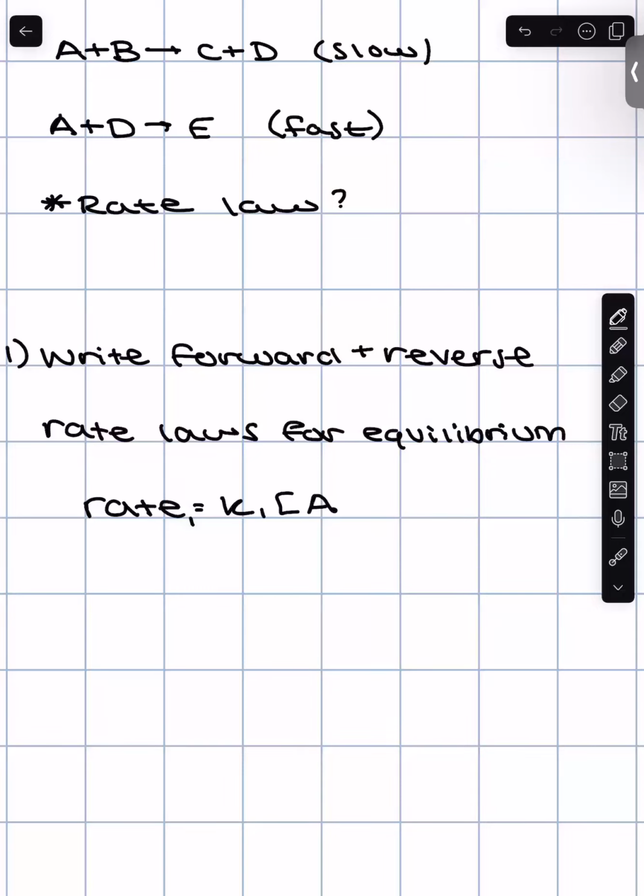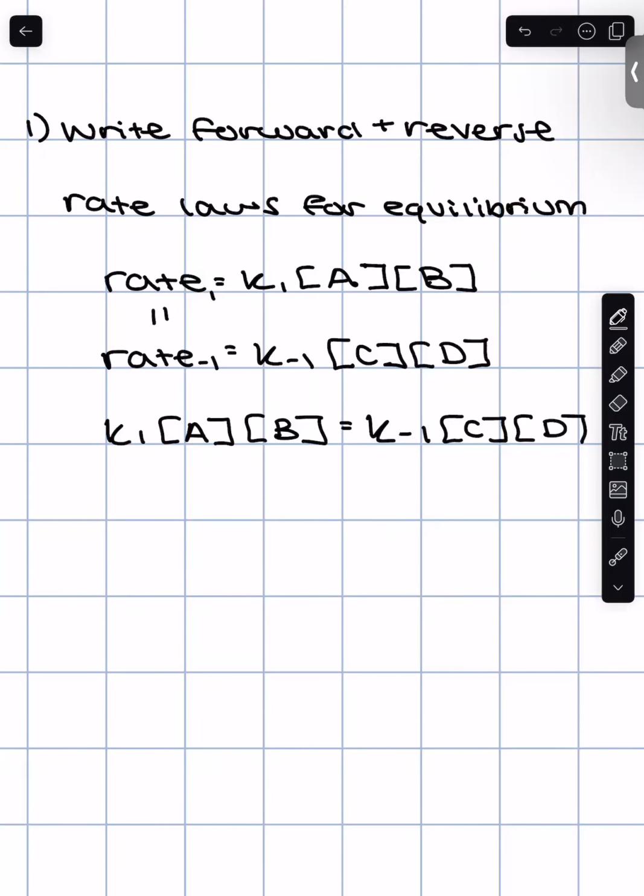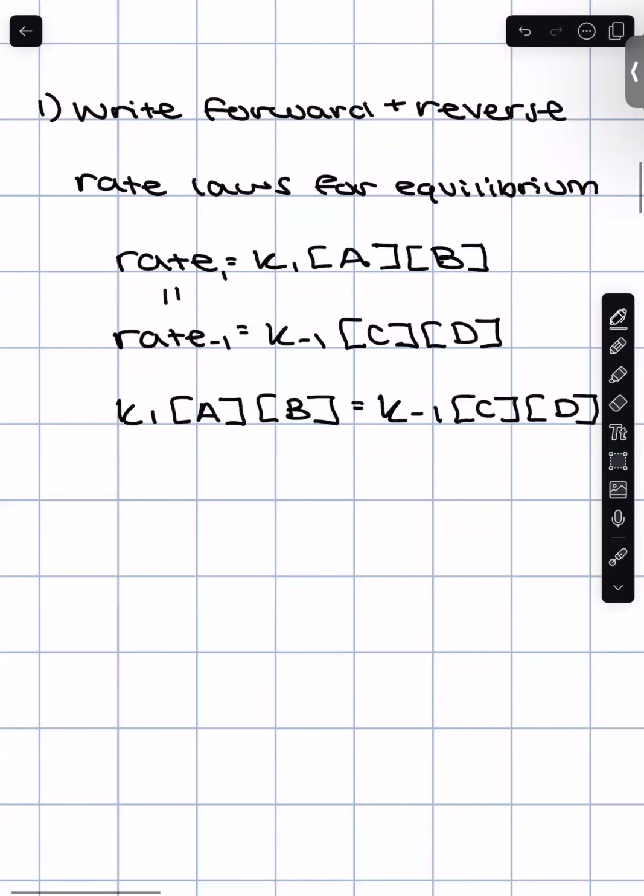So the forward reaction is K1 times the concentration of A times the concentration of B, and the rate of the reverse is equal to K-1 times C times D. Now, because we know that these rates are equal to one another, I can set these equal to each other. And always feel free to interrupt me if you have a question. So that's what we have. So at this point, you need to identify the intermediate.